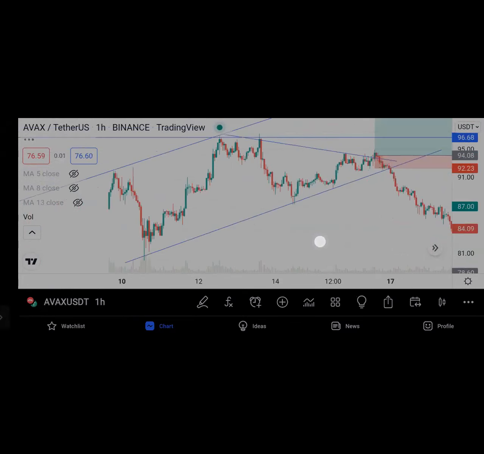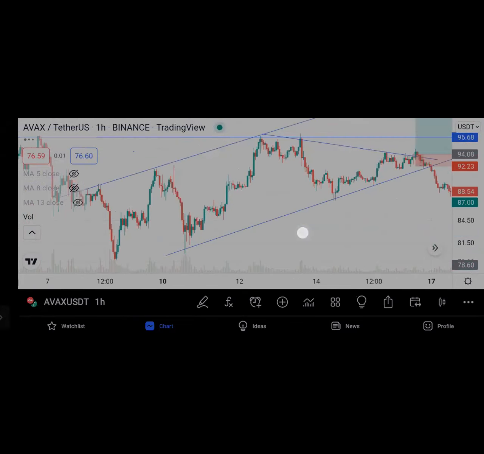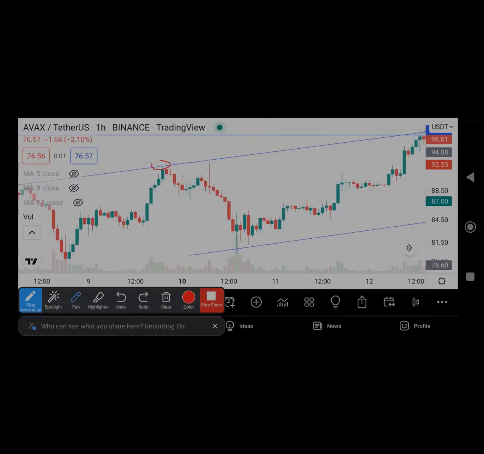This is also another one here. You can see the previous high, you can see the second high, which is nearly equal. You can see the neckline. And after it broke, what do you see? It continued falling. Let me see if I can still find the one that I tested.